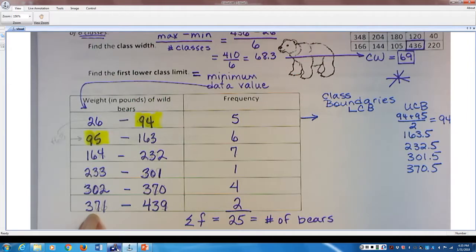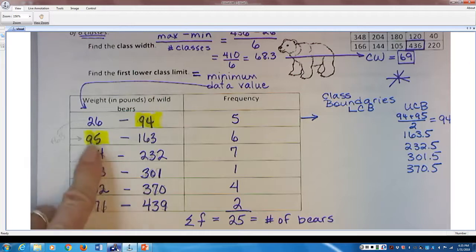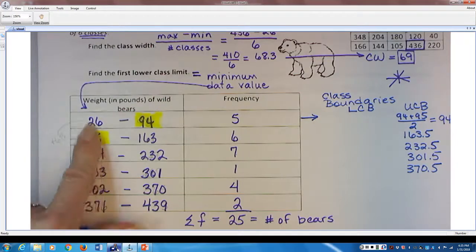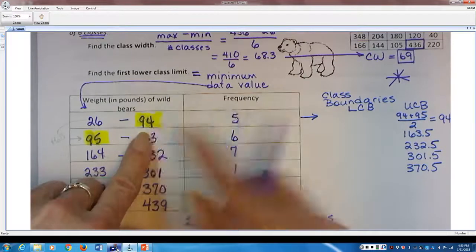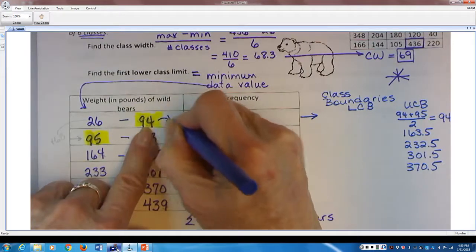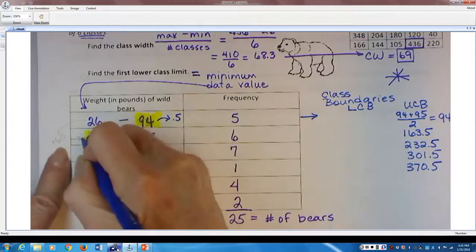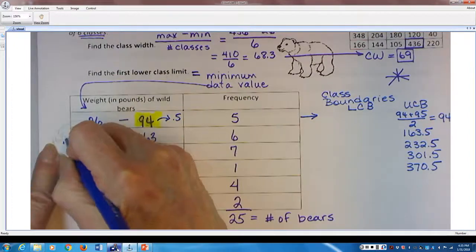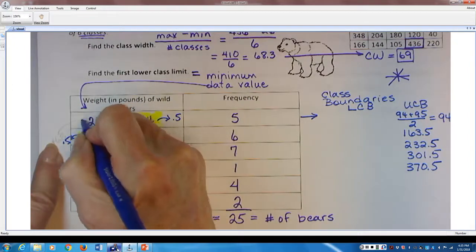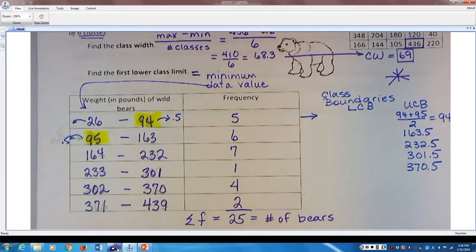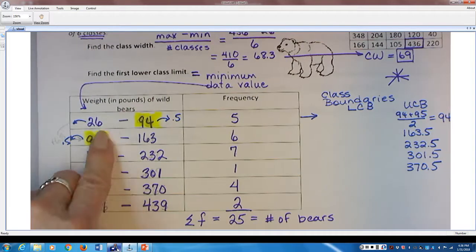But now we've got to back up and figure out, okay, what is the first one? What is the lower class boundary? Well, what we're doing is we're extending this one up by 0.5 and this one down by 0.5. So if I extend 26 down by 0.5, what number am I at? 25.5.